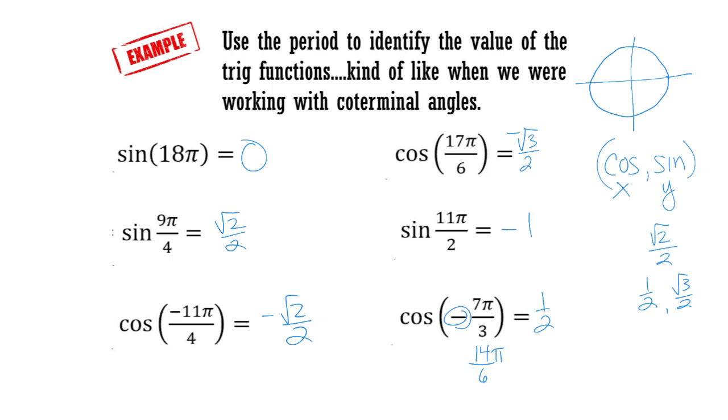Another option that you could do, because I did say right here, it's really just coterminal angles. So instead of counting it out and envisioning it like that, you can do what we did with coterminal angles. Start reducing this until it's something we know on our unit circle. So you could subtract 2 pi over and over until you get something.